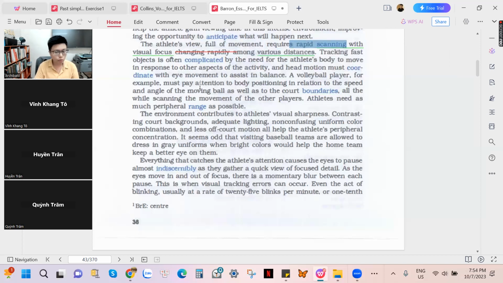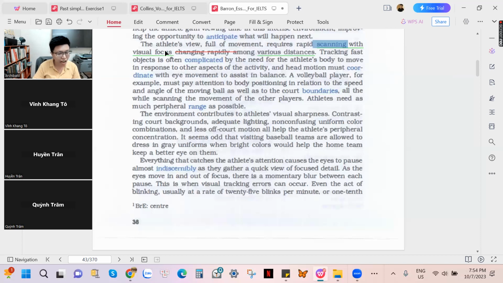And when he moves his eyes very fast at everything around him, he needs to make sure that his brain works as well too. So that is why the atlas is full of movement, lots of movement around the atlas, and he needs to scan with his eyes in a very fast way.